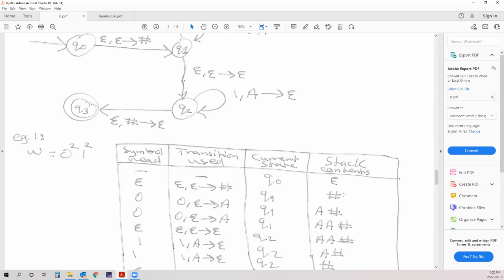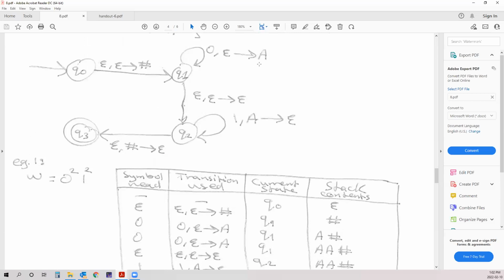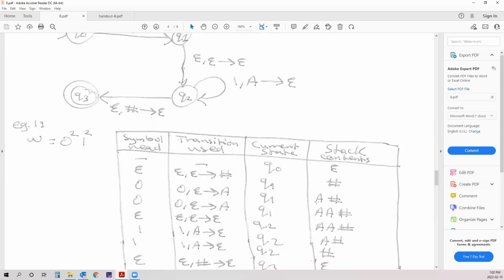Okay. Then we will read the first 0. Then we have 0, epsilon, A here. That means push A on the hash. We can push a 0, we can push a B, whatever you want to represent this.